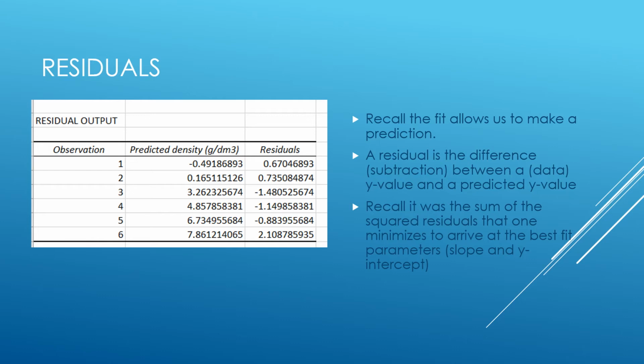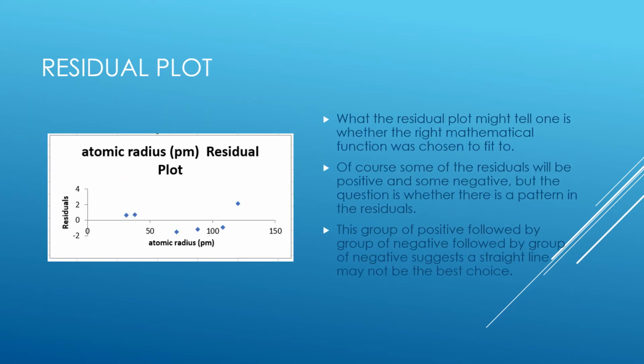You might recall, moreover, that it was the sum of the squares of the residuals that were minimized, and that is what we used as the criterion for picking the best slope and the best intercept, the so-called least squares fit. The residuals are y's, and here we see a plot of the residual y's versus the corresponding x's, giving us the so-called residual plot.